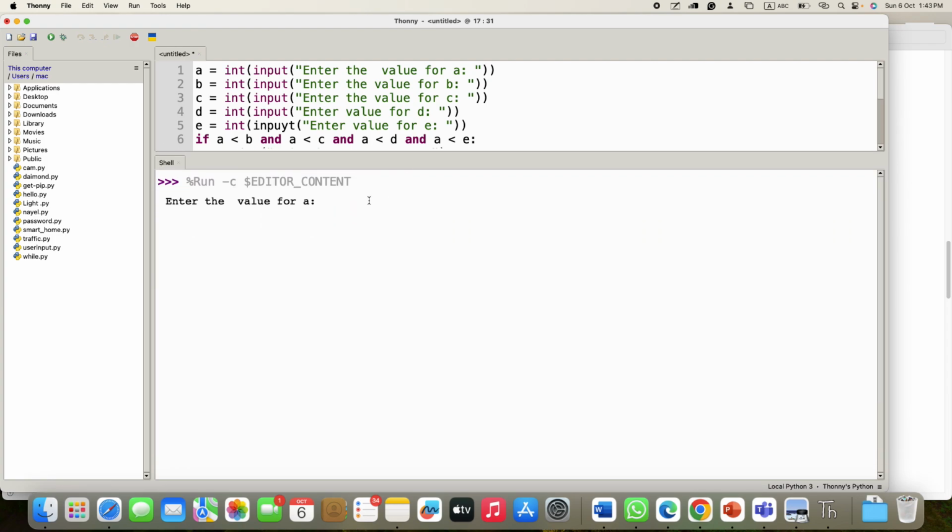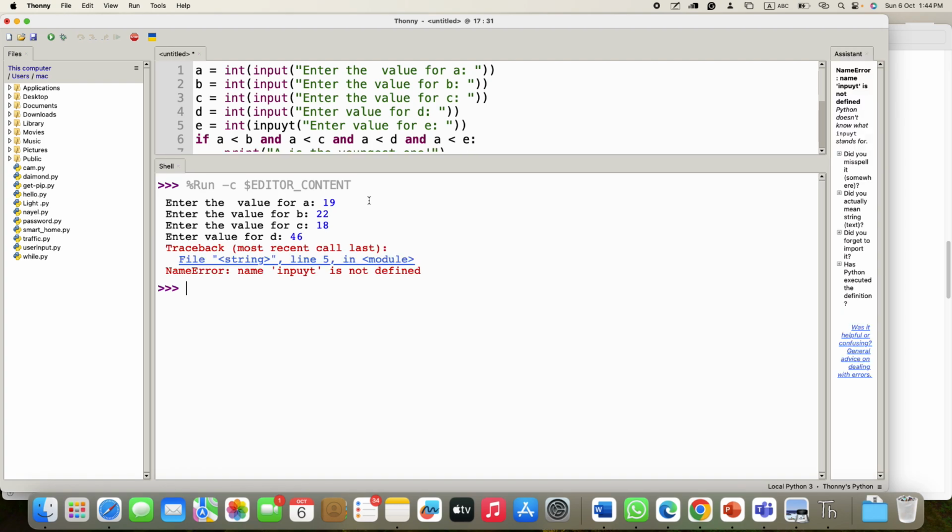So let's say A is 19, B is 22, C is 18, D is maybe 45, 6, that's me. Oh, why? Oh, yeah. See, that's the beauty of compiler and interpreter.